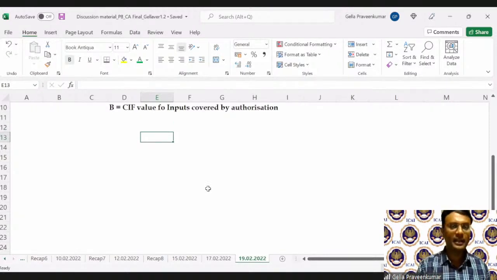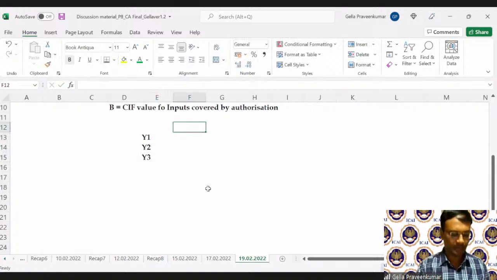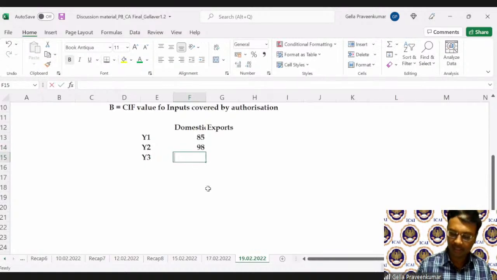Say year 1, year 2, year 3. Domestic and exports. So domestic is 85 lakhs, 98 lakhs, 112 lakhs. This is in lakhs. And exports are say 12 lakhs, 15 lakhs, and 15 lakhs.